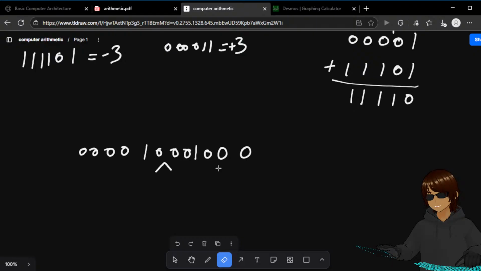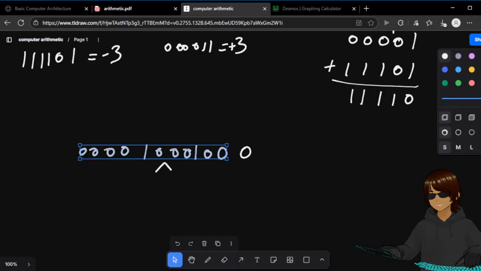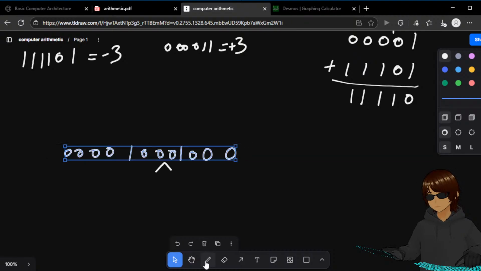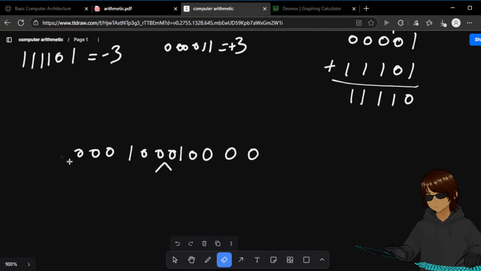Let's see. 2 minus 3, negative again. Hold on. I think the next one will be different. Okay. So we have 4 minus 3, which is 1. 1 is over here now.